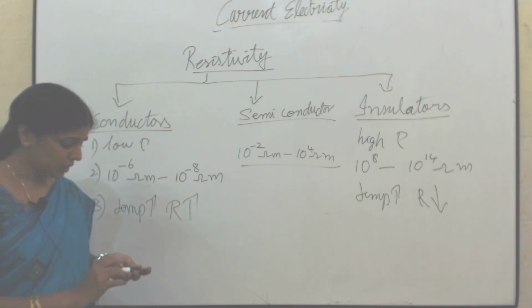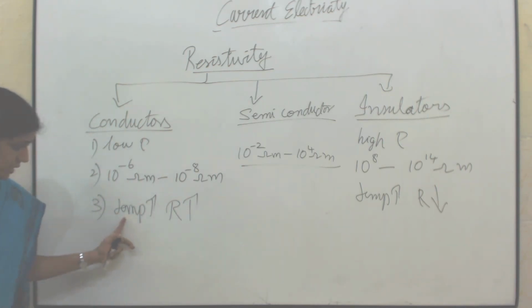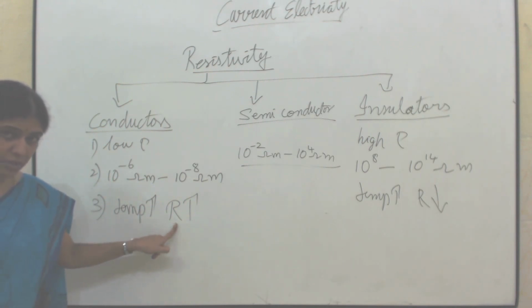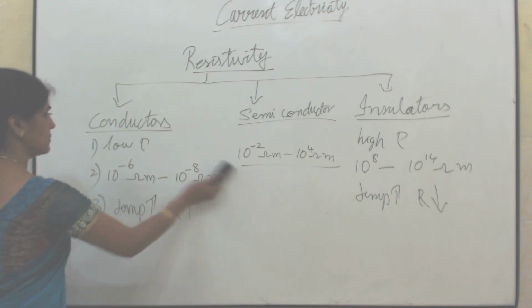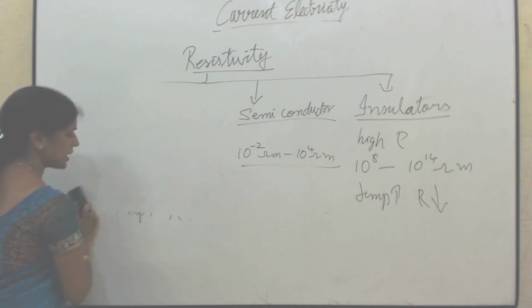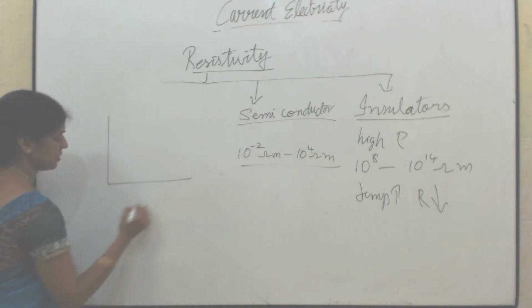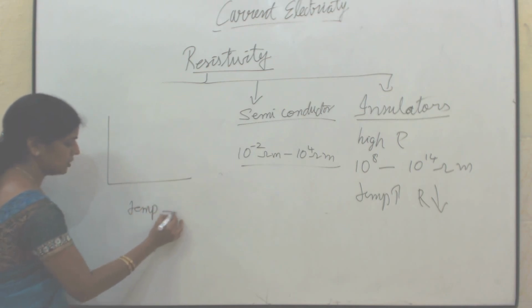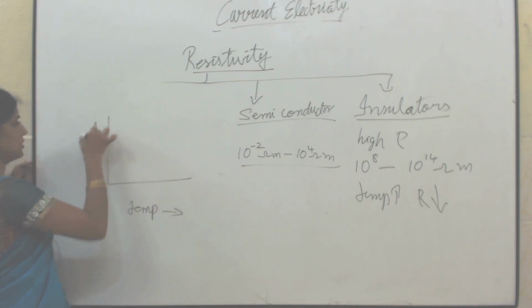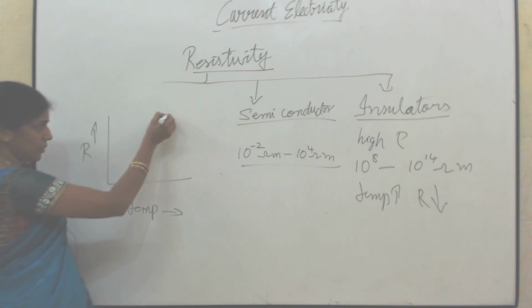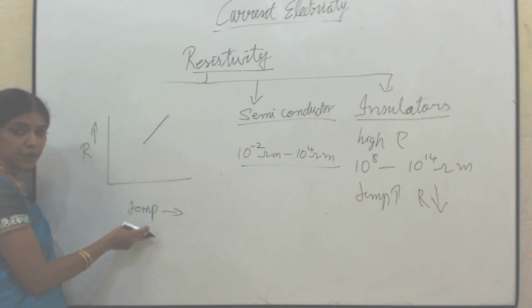Now, we know that in a conductor, if I increase the temperature, what happens to the resistance? It also increases, isn't it? Now, we will draw a graph between the temperature and the resistance for a conductor. I am going to decrease the temperature.